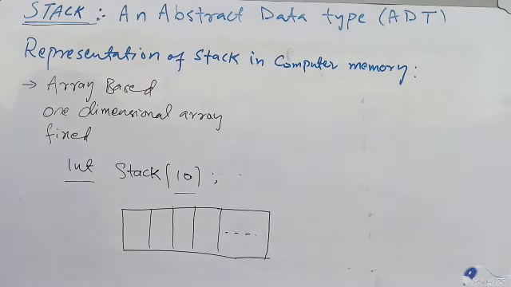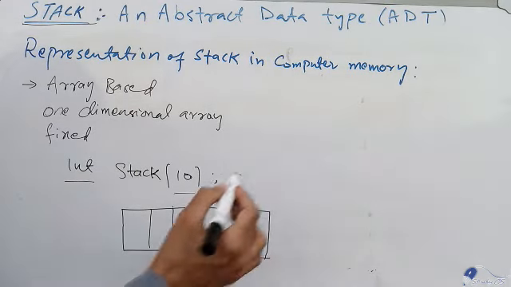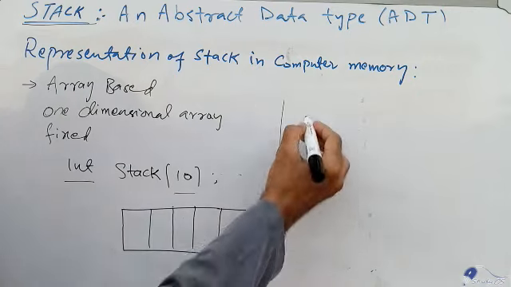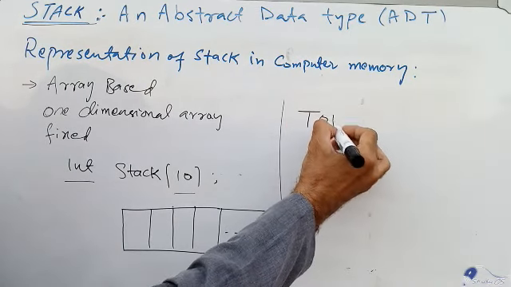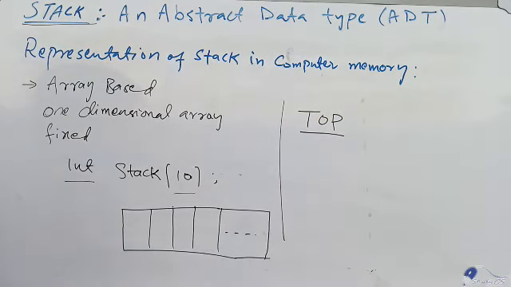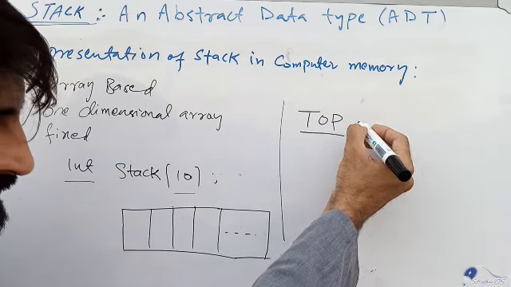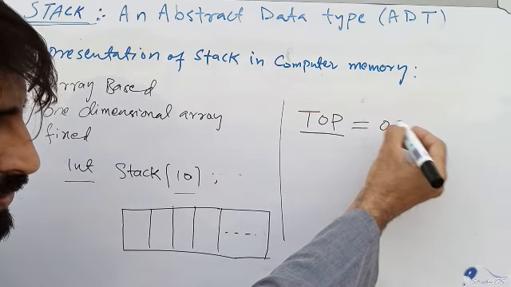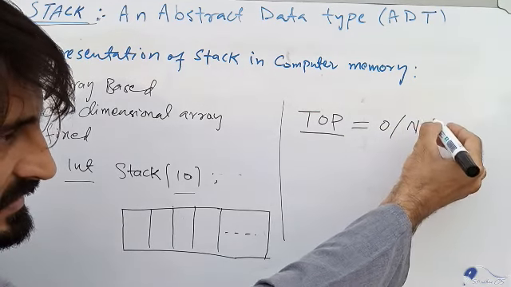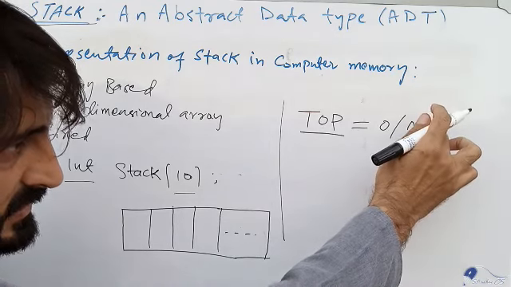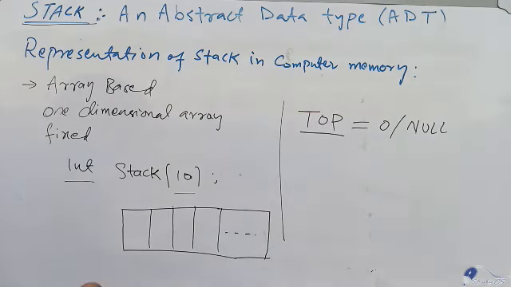Along with this we need to define a pointer variable known as top, which will indicate the top element of the stack. Initially if the stack is empty, the value of top will be 0 or null. This is the condition which shows that the stack is empty.